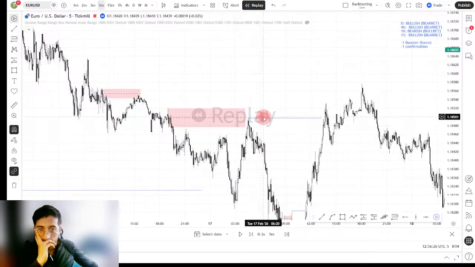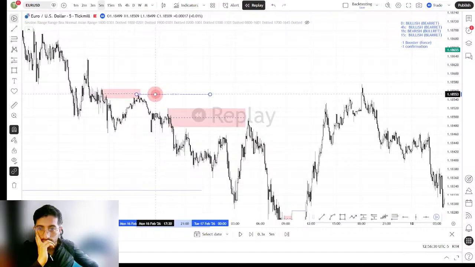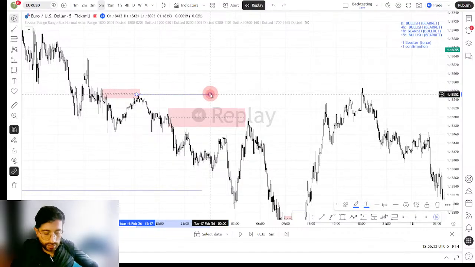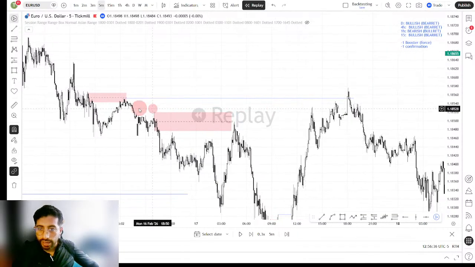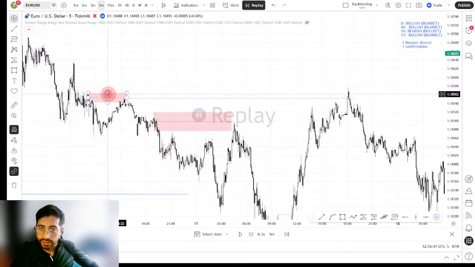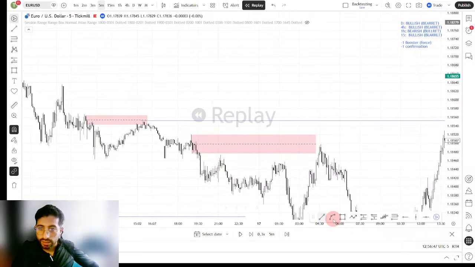This was the actual strong high here. That was my mistake. And then what happened after this? All of this becomes liquidity, and the price, yes, reacted on this order block here that was not mitigated in 5 minutes.